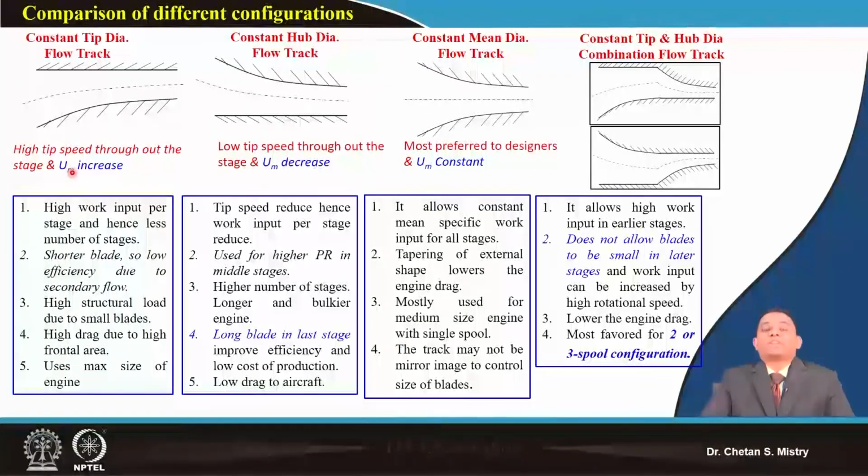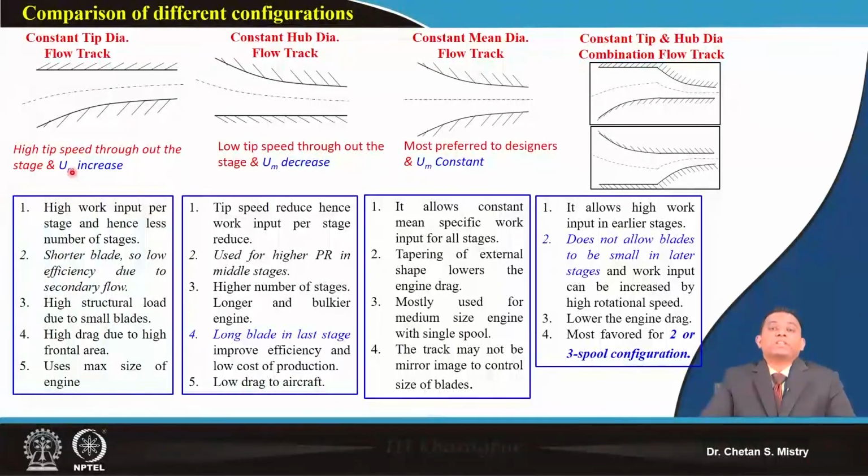But at the same time, for the later stages we will have very small blades, and that will reduce the efficiency. Now if we have the flexibility that maybe 1 or 2 stages can be added and we want an improvement in efficiency, we can go with a constant hub diameter configuration. Constant mean diameter, or constant mean track, gives us a benefit in terms of improvement of efficiency.